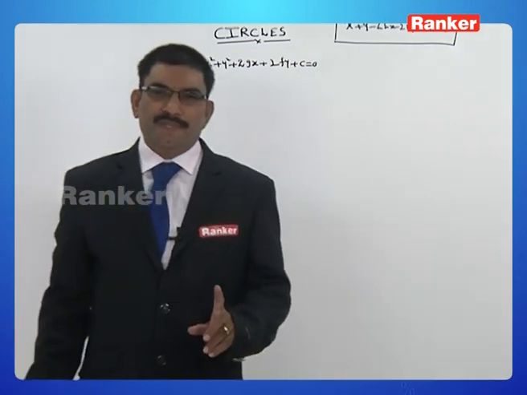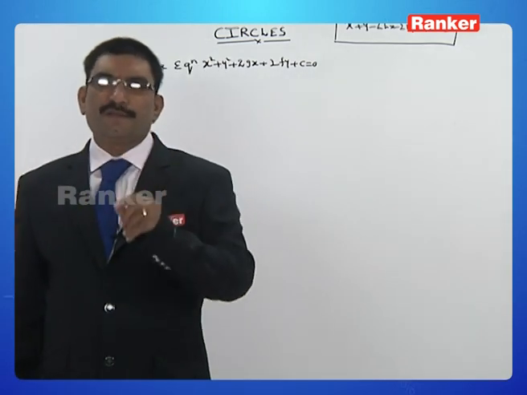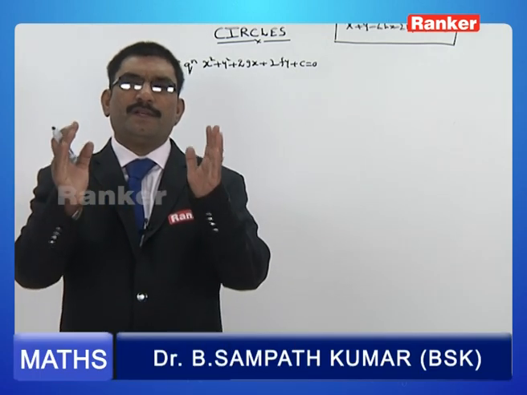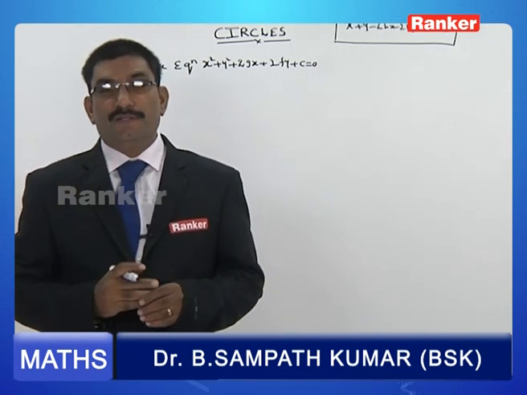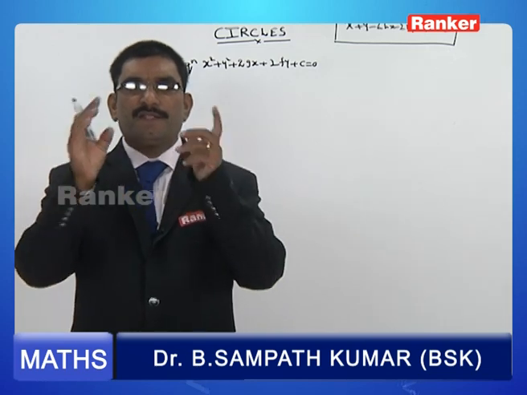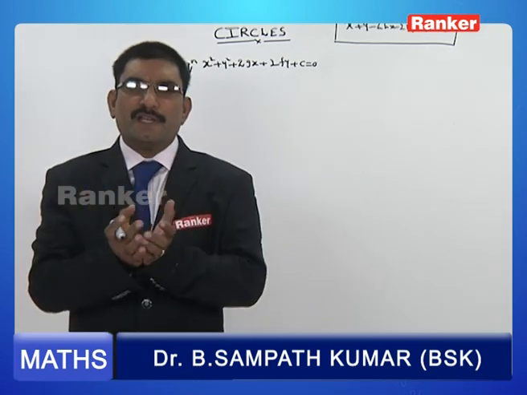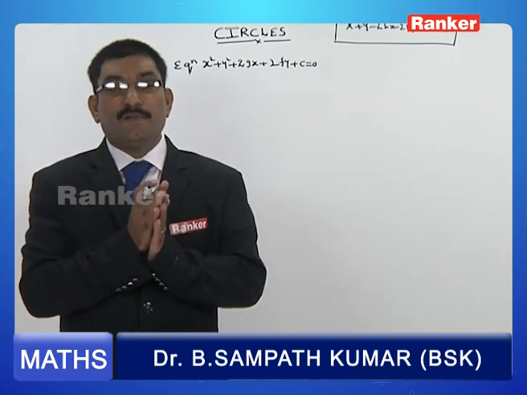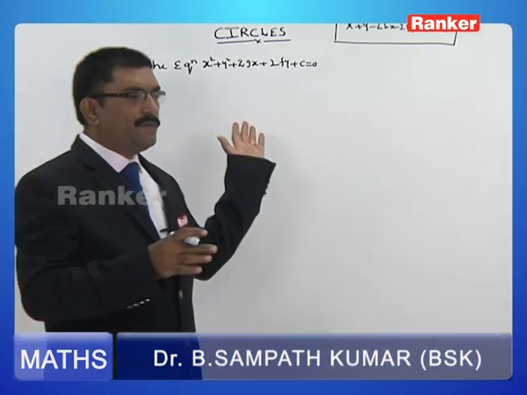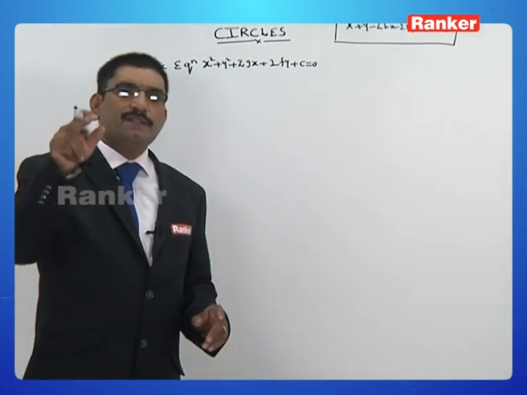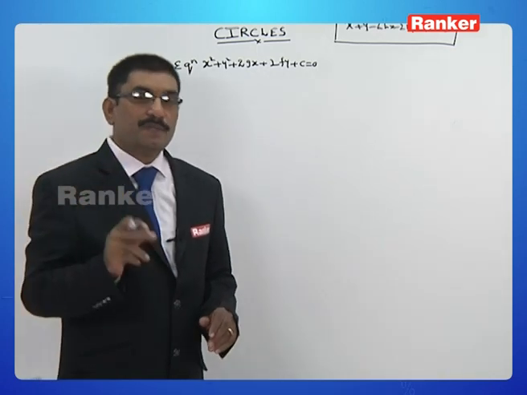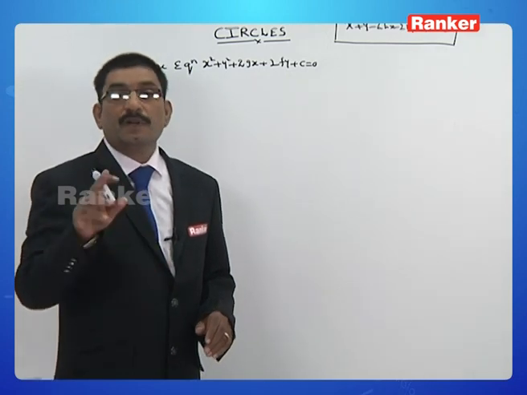This also represents an equation of a circle having center minus g comma minus f and radius square root of g square plus f square minus c. Before telling it has center minus g comma minus f, first of all we have to reduce this equation to either x square plus y square is equal to r square or x minus h whole square plus y minus k whole square is equal to r square.